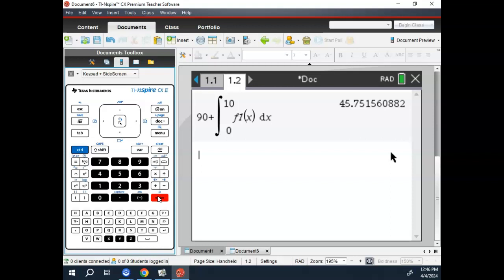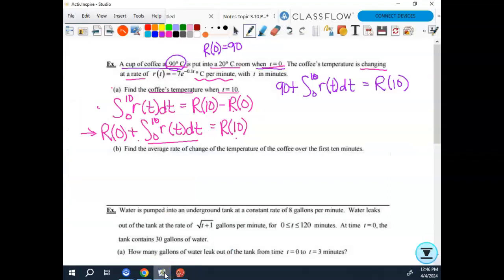Okay, everybody okay with that? And see, I am going to need to use that function again, so it's good that it was typed in the graph, because then I don't have to retype things. All right, so my answer then is, so R of 10, and it doesn't say I have to explain anything, is 45.751. What are my units?